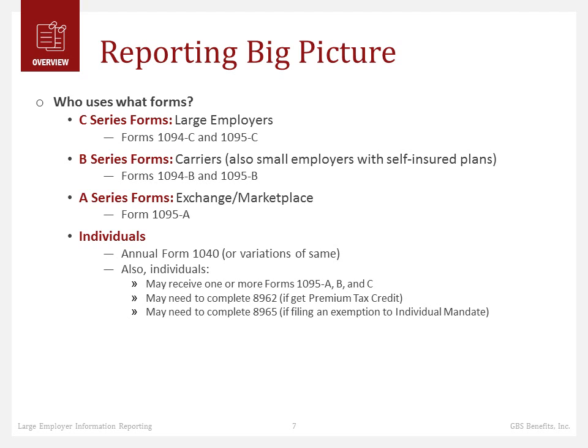And they may need to complete some extra forms this year due to the Affordable Care Act, which is 8962 if an individual got a premium tax credit, and 8965, which is a form used for individuals who did not get coverage for themselves and their dependents, but feel they fall under an exemption to the individual mandate and therefore would not have to pay a penalty.